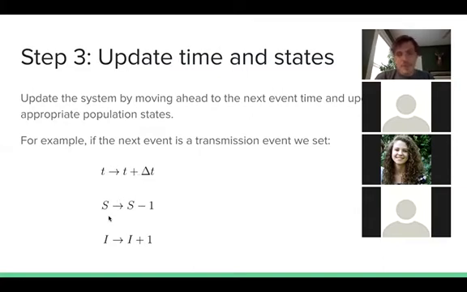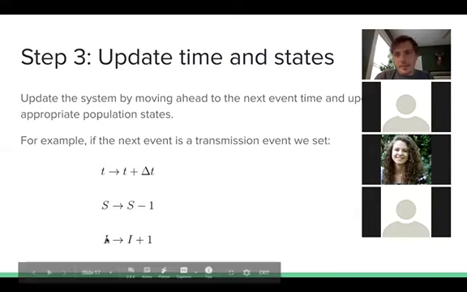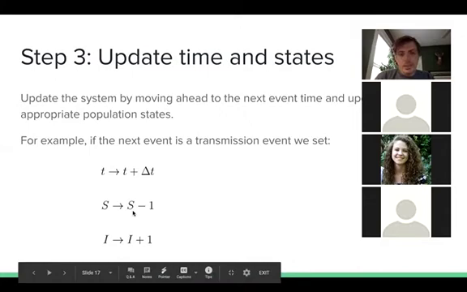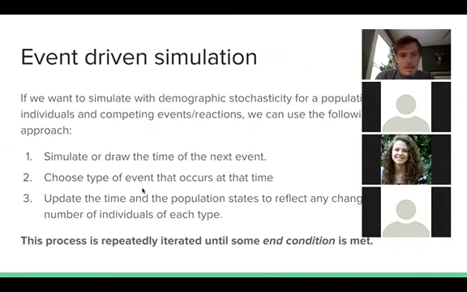Then we have to update our state variables, which here are the number of susceptible and infected individuals. If a transmission event occurred, we would decrease the number of susceptibles by 1, and we would increment the number of infected individuals by 1. And that's basically our three-step process through which we can simulate the stochastic dynamics of any system with demographic stochasticity.